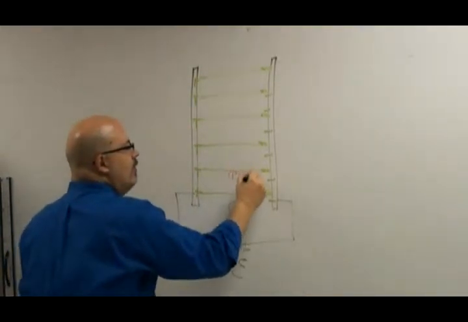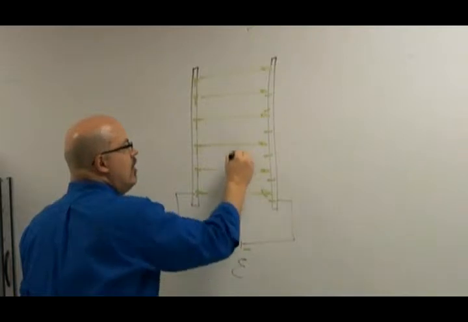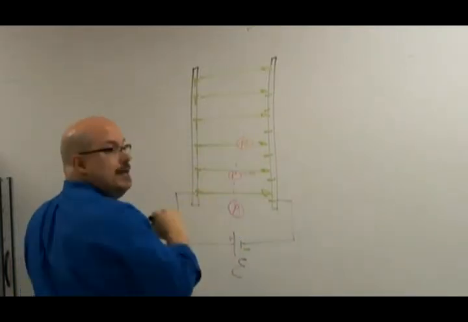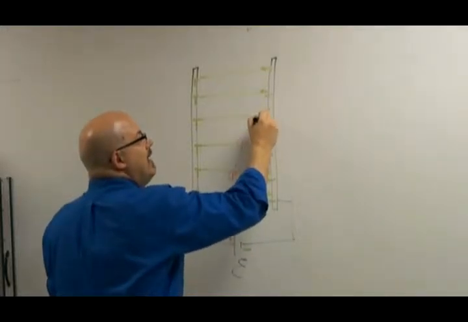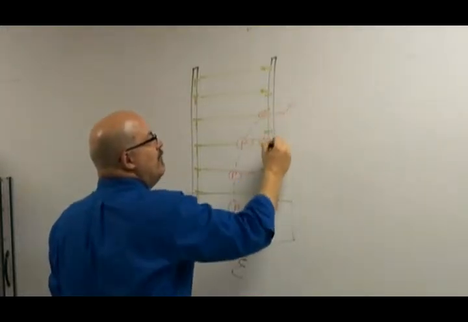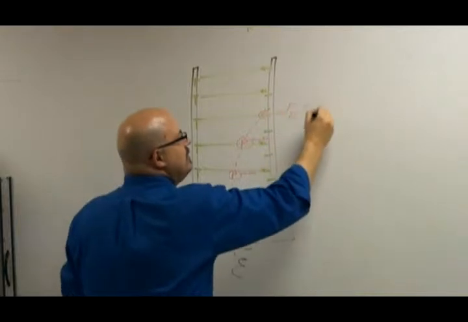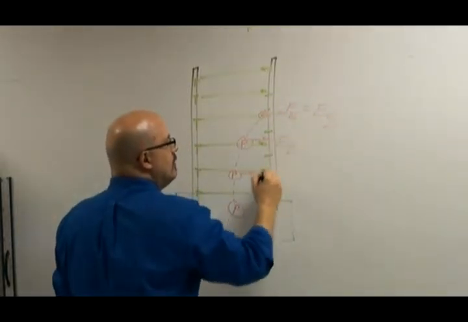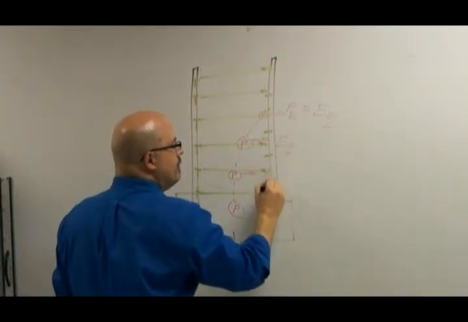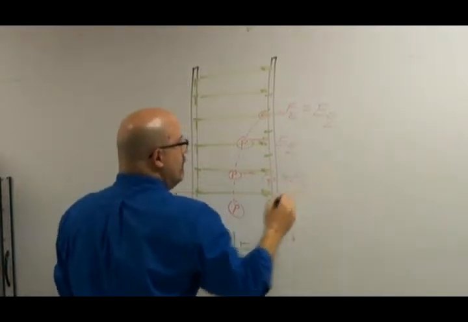So it's going to start to curve. When the proton is here, it gets a force that way, so it continues to curve. When it's right there, it still gets a force that way. And the force is the electric force, which is EQ, the whole time.